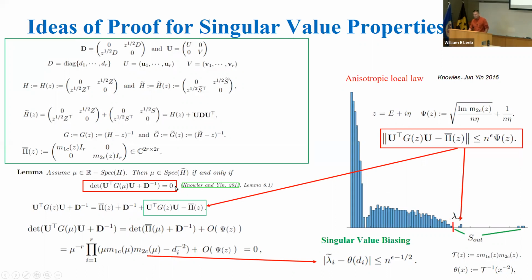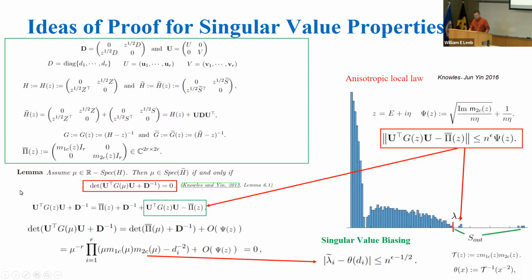So this is the way we decide the location of the eigenvalues, and we apply a famous tool called the anisotropic local law, derived by Knowles and Yin in 2016 for a simpler data matrix. So we can decompose this resolvent into pi plus D and the error term here.